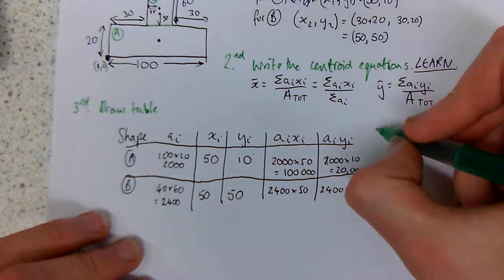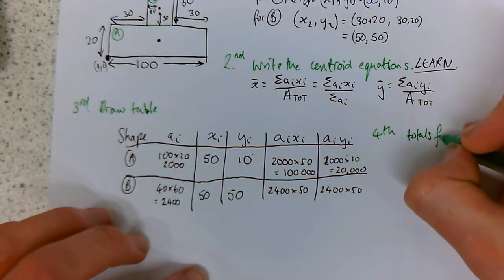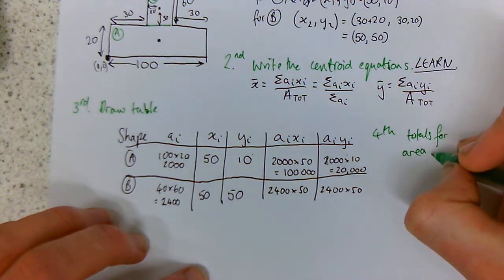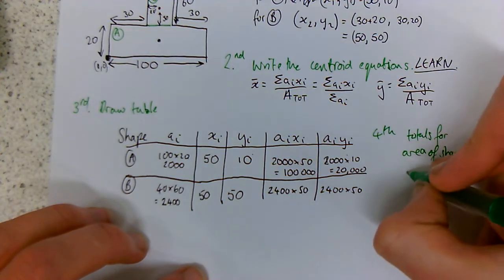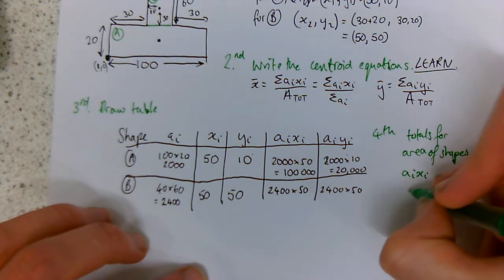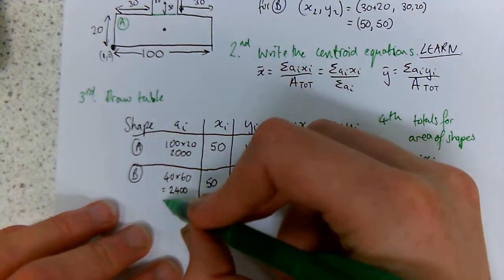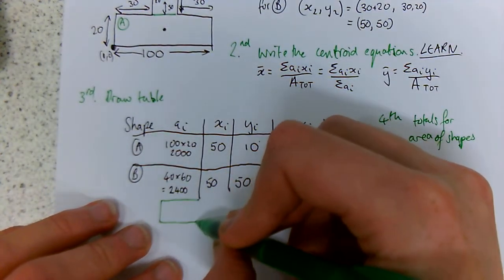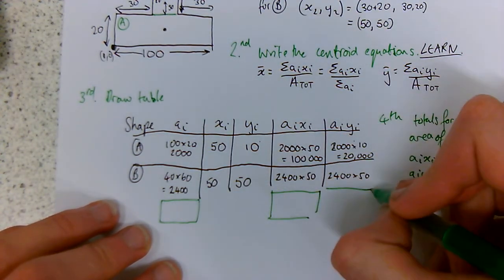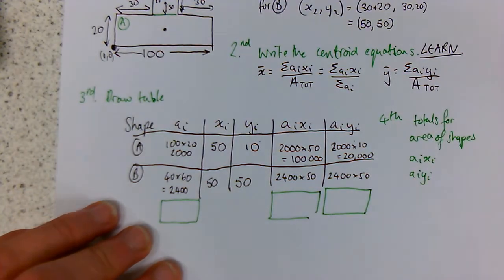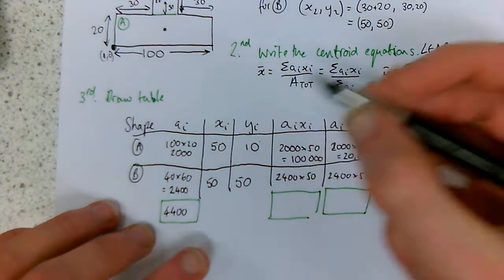Our fourth step is we need the totals for the area of our shape. So total areas of shapes, the Ai's times the xi's and the Ai's times the yi's. That is the total of this column here, the total of this column here, and the total of this column here. So this one is going to be 4,400.